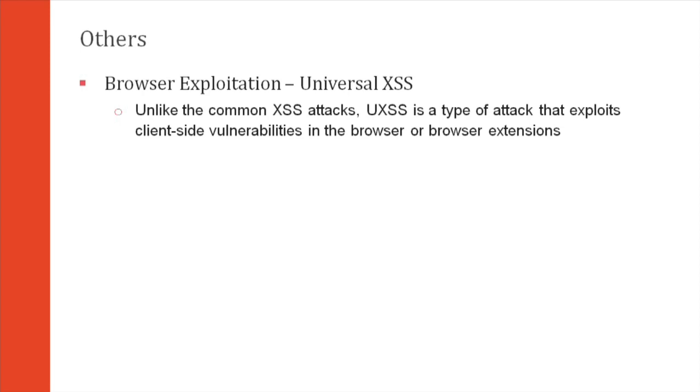With cross-site scripting, as you remember, we are just executing JavaScript code, right? But in this kind of attack, the attackers are exploiting vulnerabilities in the browser or in the plugins installed on that specific browser. Once they exploit this vulnerability, obviously there is a connection with cross-site.